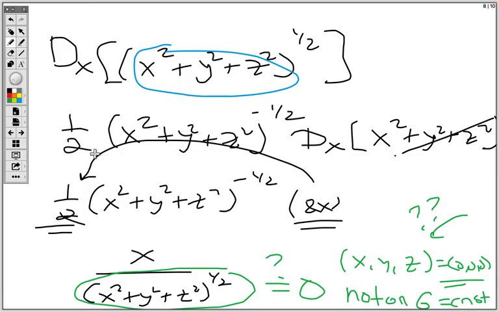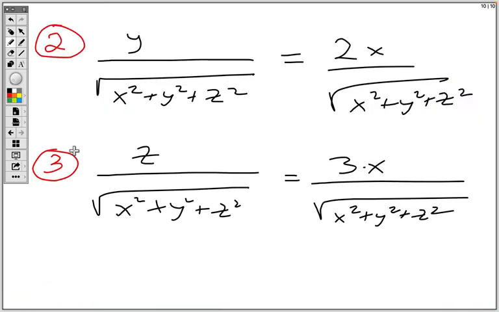Okay, so we can go ahead now with reckless abandon and get rid of them. Because if you look at what happens here, this square root's going to do what? Get out of there. And so from equation 2, it reduces down to y equals 2x.